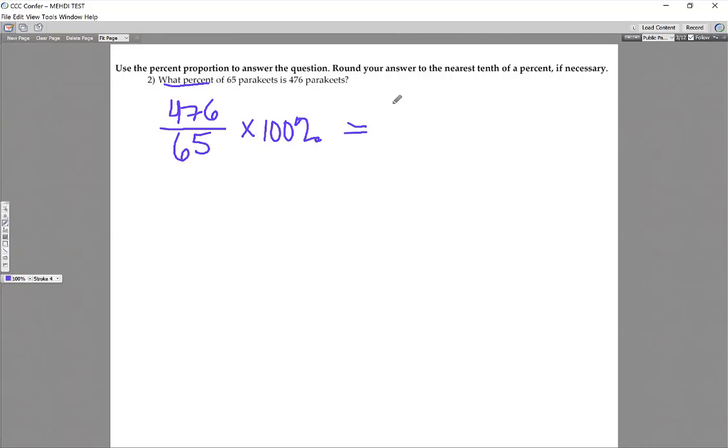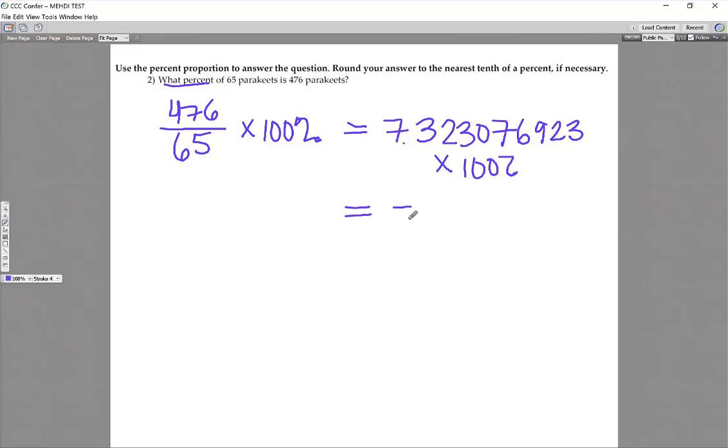Okay, and we are going to have a very long number that comes out of the calculator, 7.320766923, and I have not yet multiplied this by 100%, but after I multiply it by 100%, we are going to get 732.0766923.